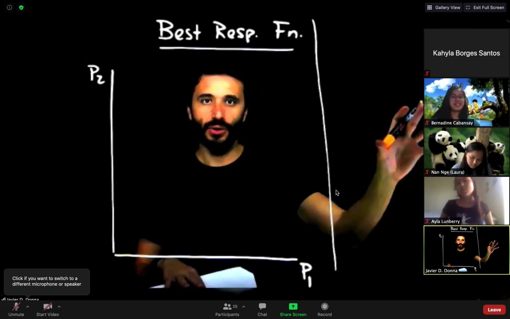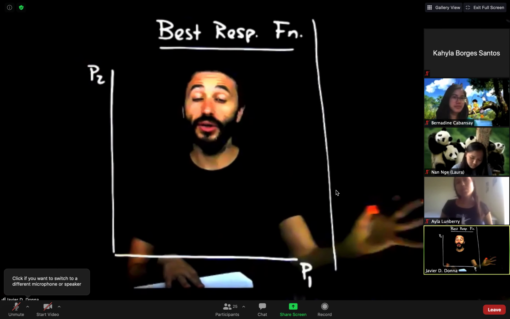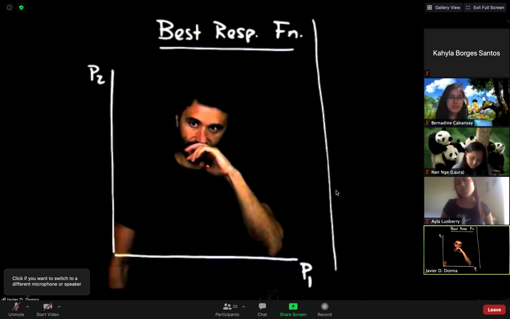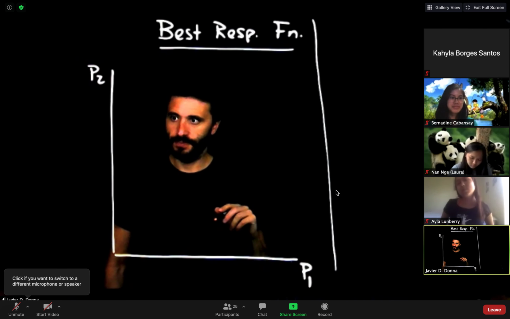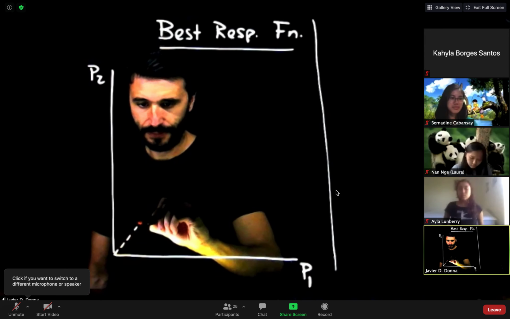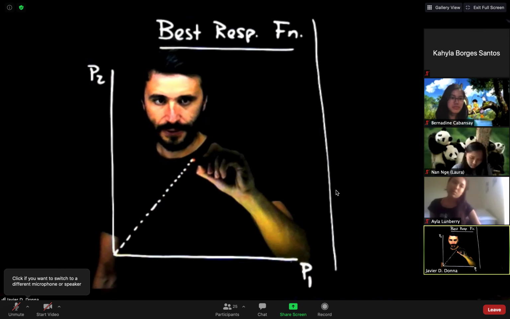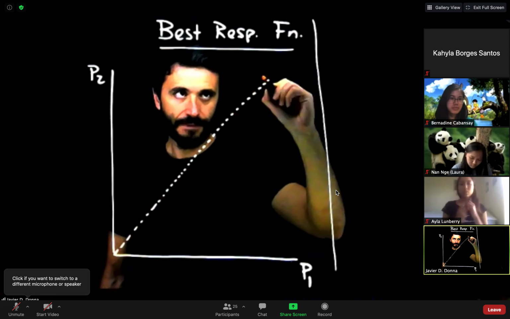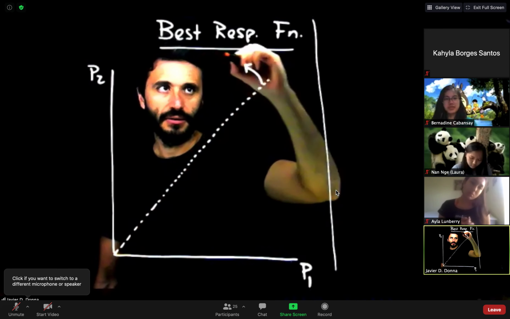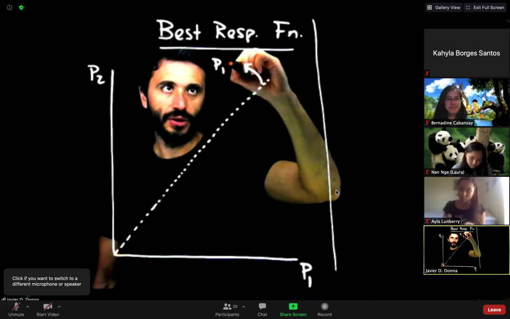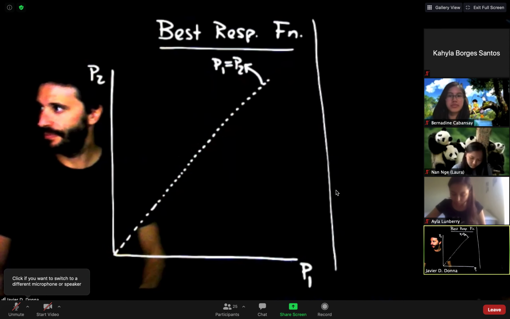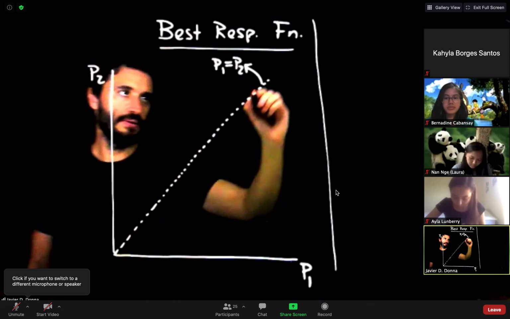And here I'm going to put the economic reasoning that is going to be driving how we draw this graph. We're going to draw this line. It's going to be the 45-degree line, the line at which P1 equals P2.